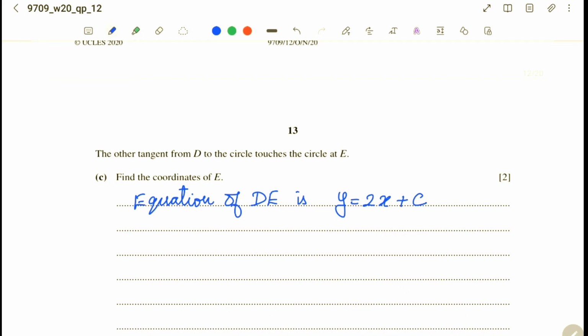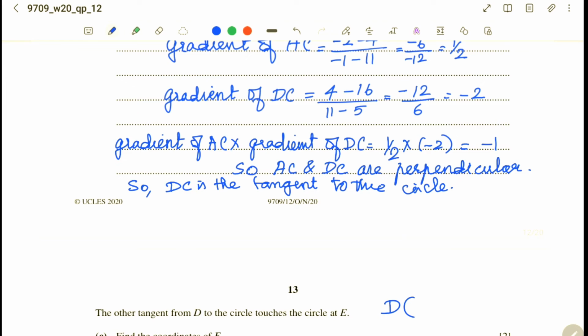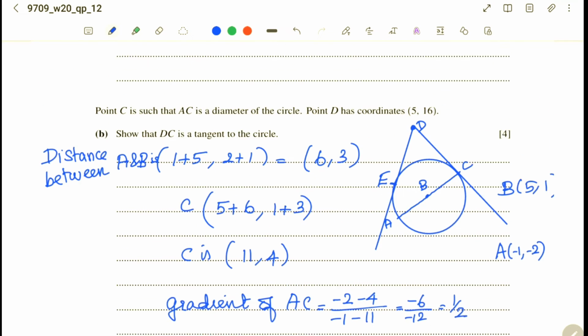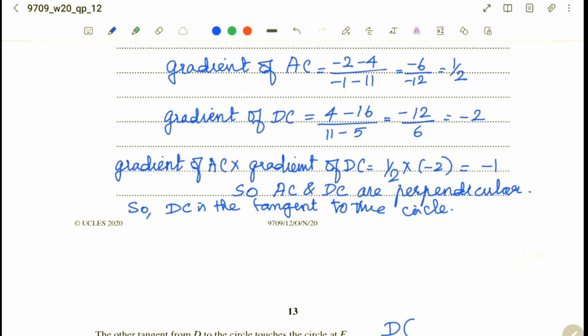Let's find out the constant c. This is the equation of the line DE. We will substitute the point D because it will satisfy the given equation. So D is (5, 16).